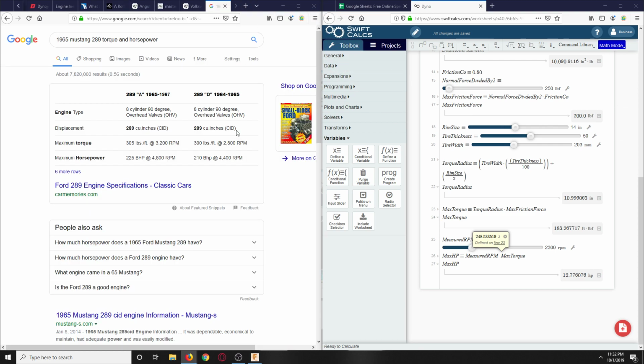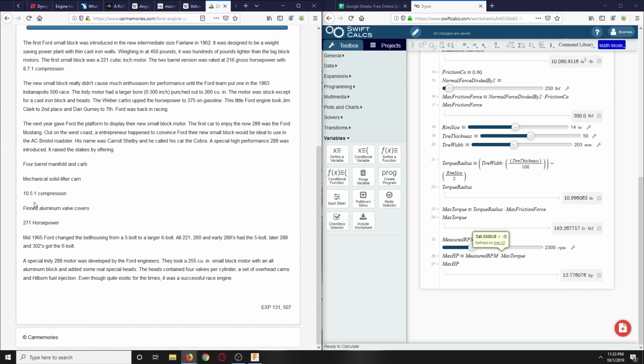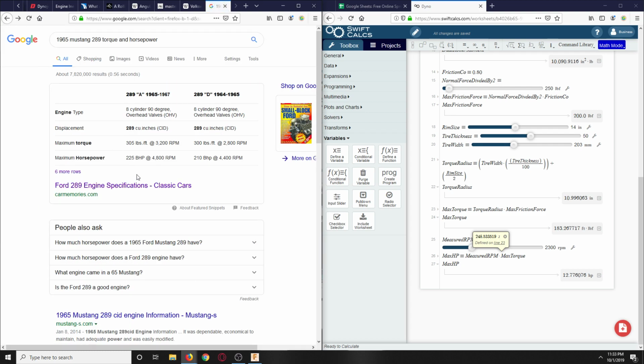Okay, so this is an A code. I have a C code. C code is a 2-barrel carb, so it's a little bit lower. Okay, 4-barrel manifold and carb. Well, that's not very helpful.